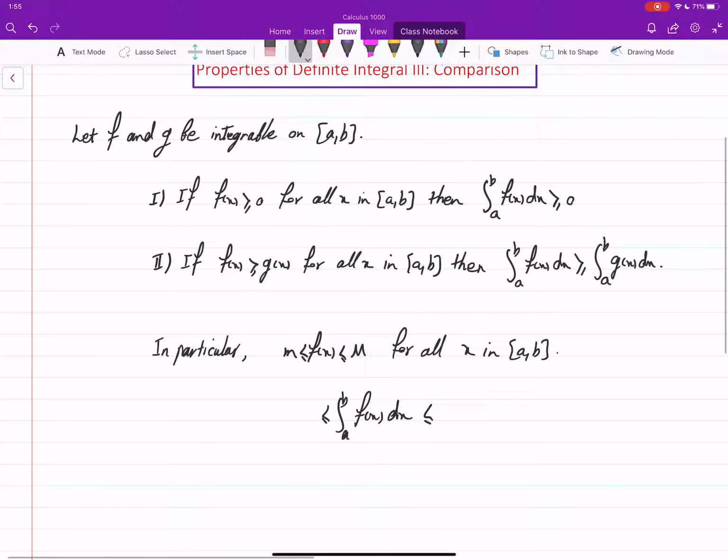This is going to be the integral of M dx from a to b, and the integral of lowercase m dx from a to b.